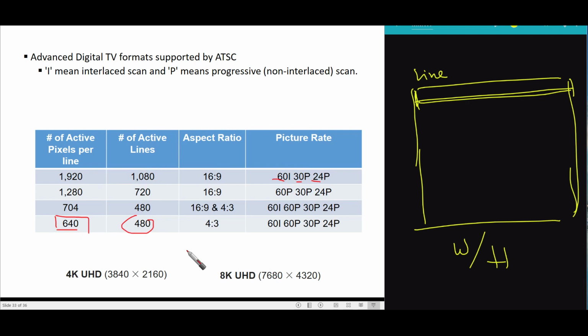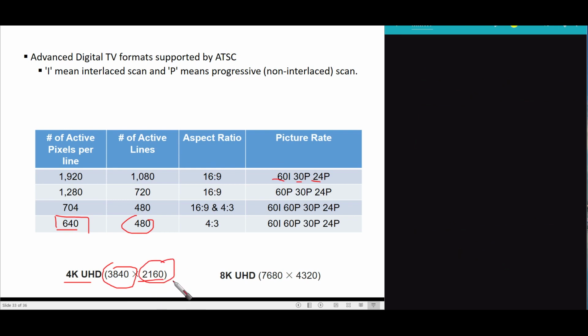And if you think of ultra high definition, for example you have heard of 4K resolution. 4K resolution means you consider up to about 4000 pixels in each line. And how many lines are there? There are 2160 lines.